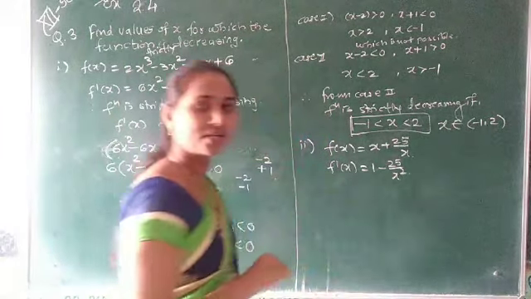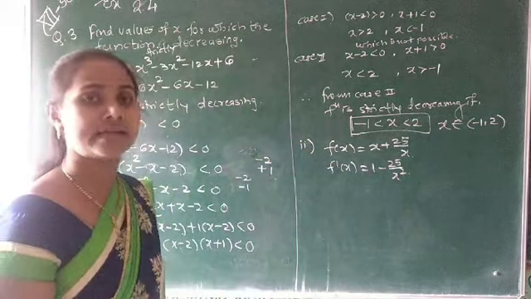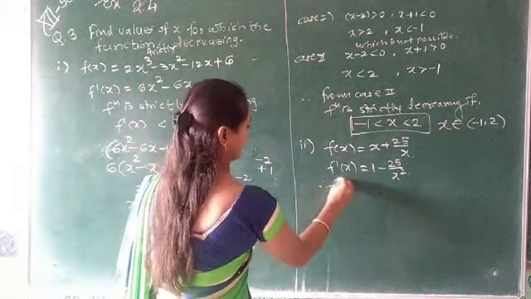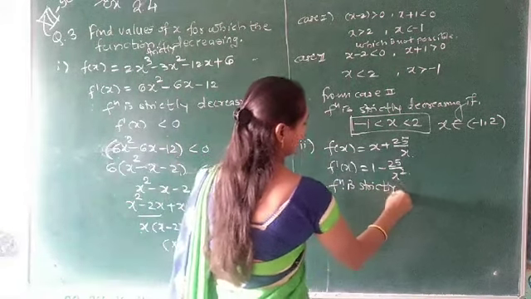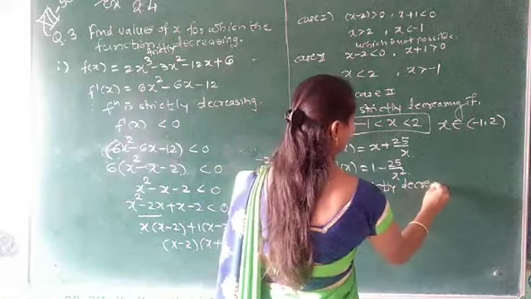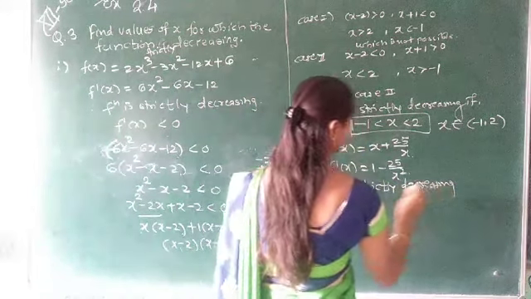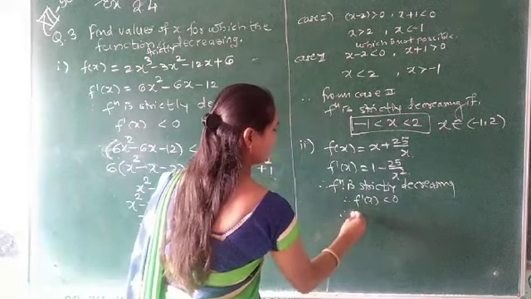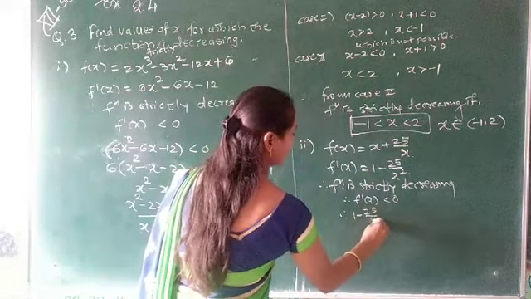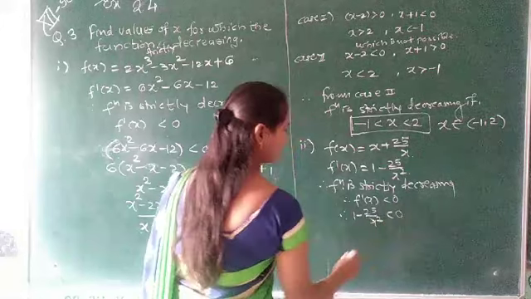But the given condition is what? The function is strictly decreasing. Therefore f dash of x is less than 0. Therefore 1 minus 25 upon x square is less than 0.